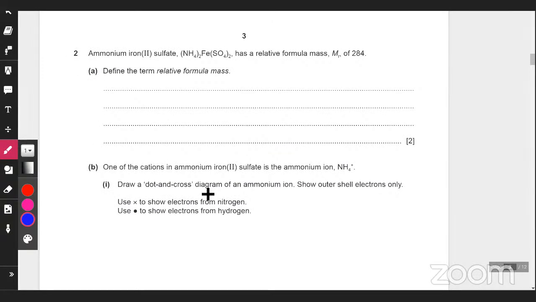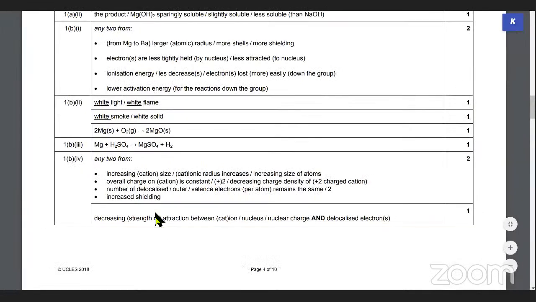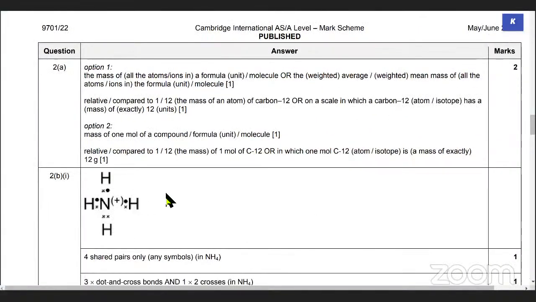So now the next one is: define the term relative formula mass. It's the mass of an atom or ion compared to 1/12 the mass of carbon 12.